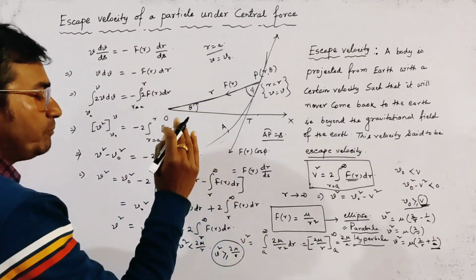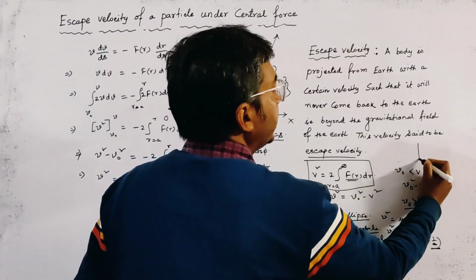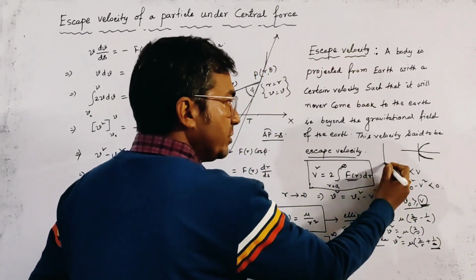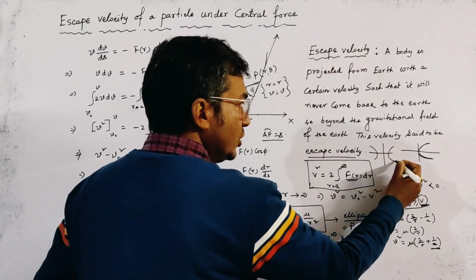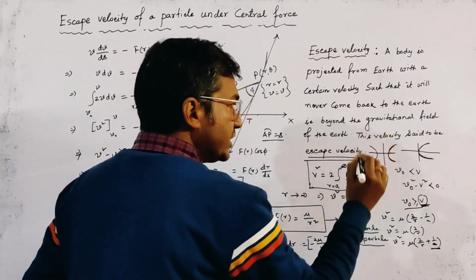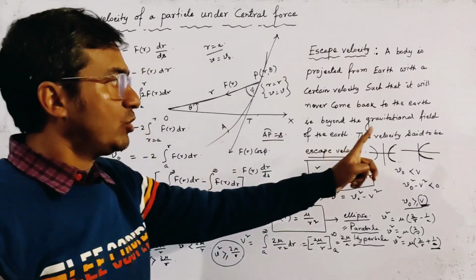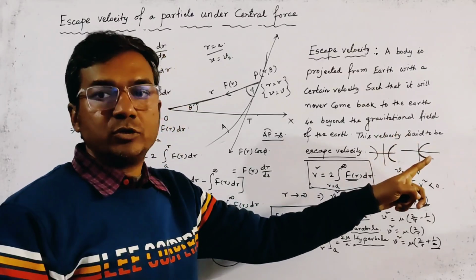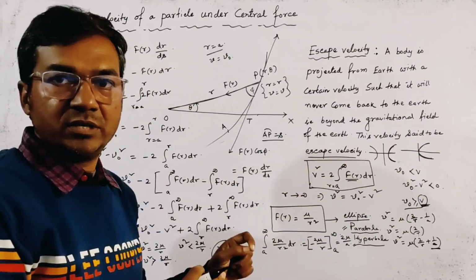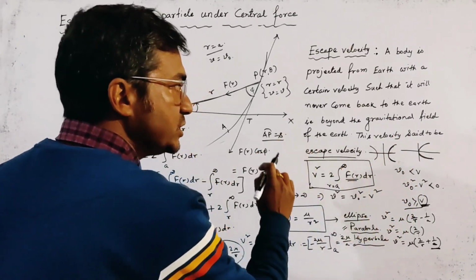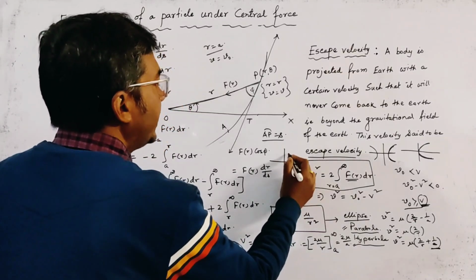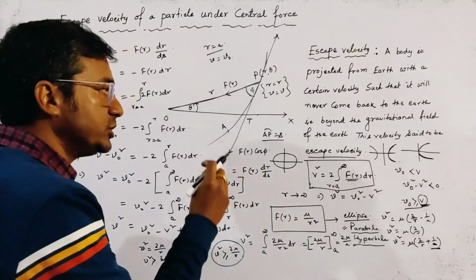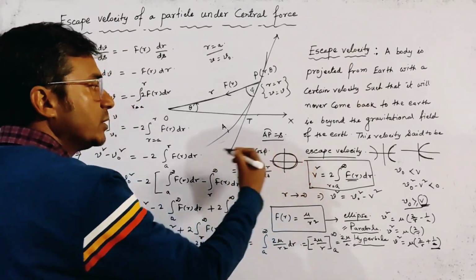If we project a particle in a parabolic or hyperbolic orbit, then the particle can never return to the point of projection again. But in an elliptic orbit, the particle must reach the point of projection after a complete revolution.